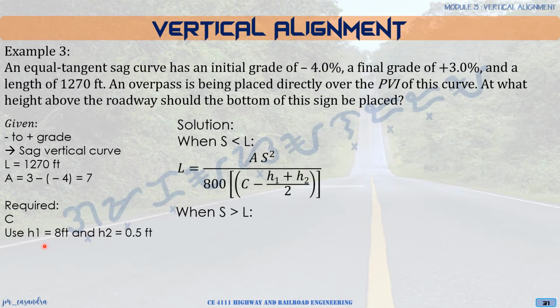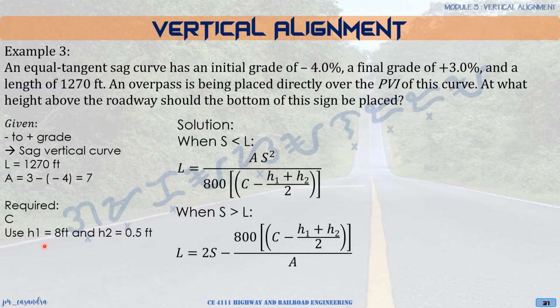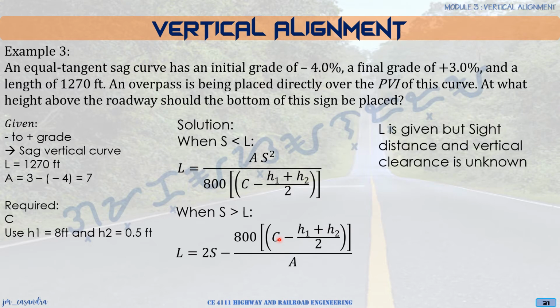And the other case is when S is greater than the length L. So we follow this equation. So we cannot directly solve our problem using this equation since we are given L, but the sight distance S and the vertical clearance HC or C is unknown. So we have two unknowns and we'll only have one equation.